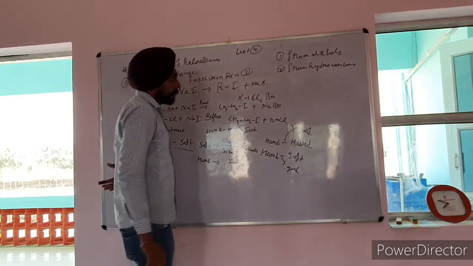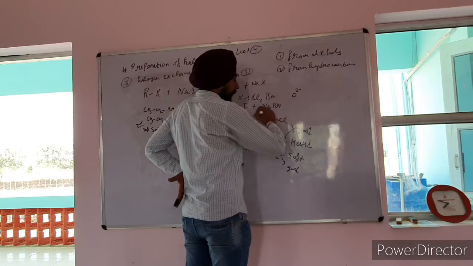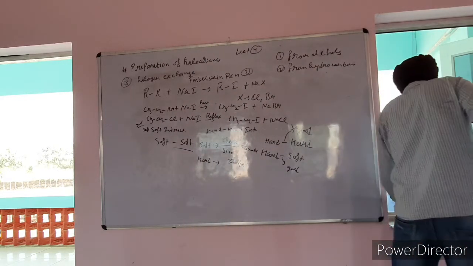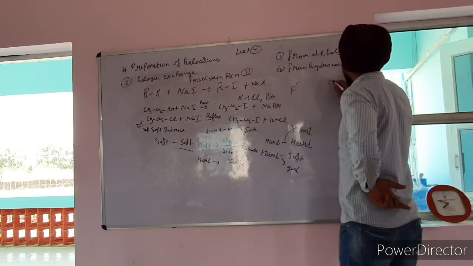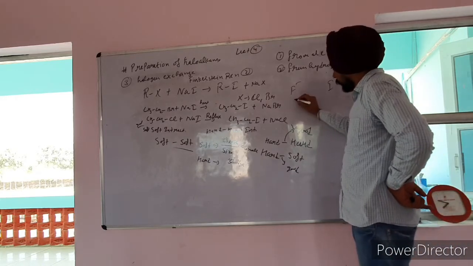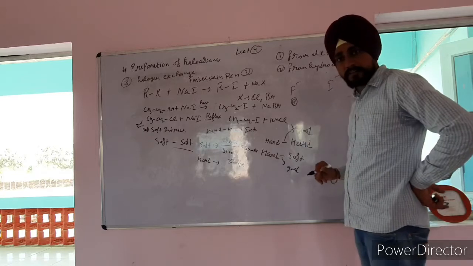For example, fluorine with one negative charge and iodine with one negative charge. What is the size of fluorine? Just suppose this, and it bears one negative charge.